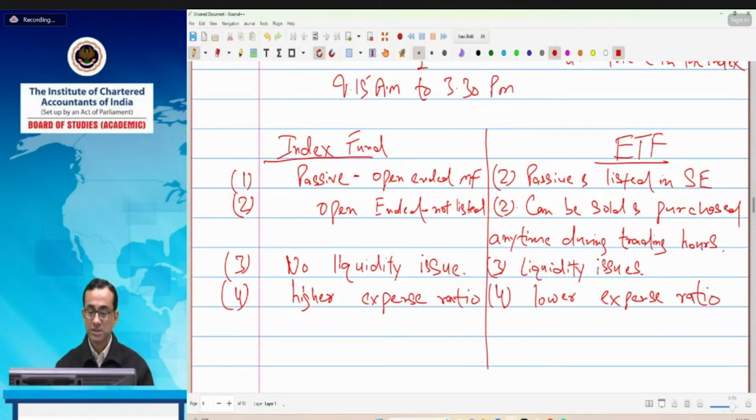But some participation of the mutual fund manager is required in case of index fund, because they have to constantly monitor which shares are there in the Nifty or not. If any share is not there, then what to do after that. And since it is a mutual fund, continuous management is also required. So some amount of expense ratio is there in case of index fund. In ETF, there is an expense ratio, but it is very minuscule or very low in comparison to index fund.